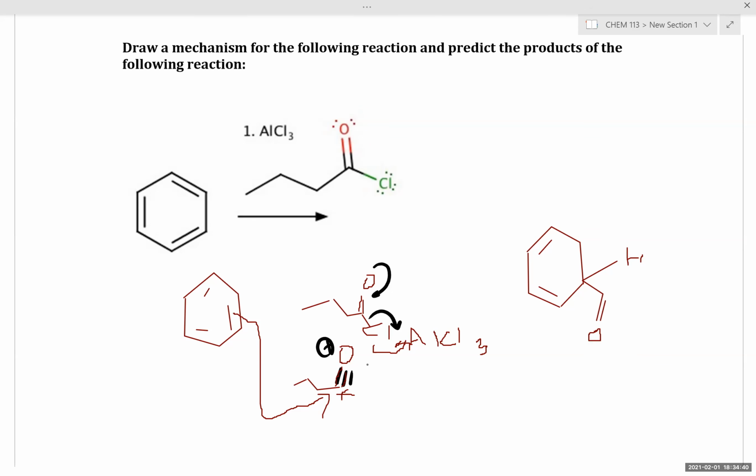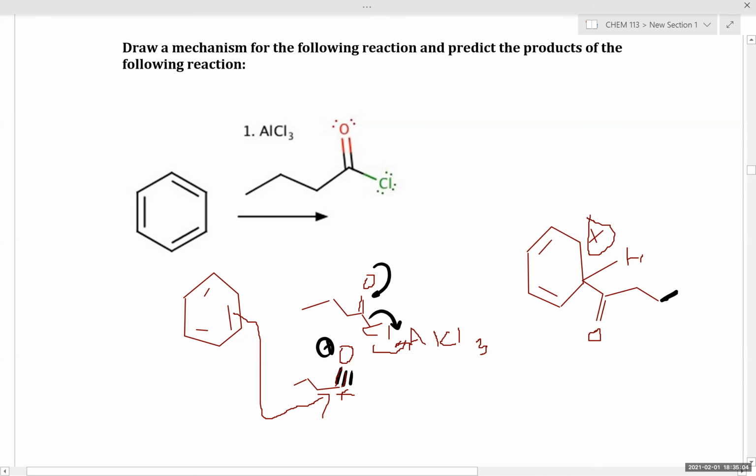So after attack onto our electrophilic acylium ion, we form our desired carbon-carbon bond. And then to regenerate our aromatic system, what happens next? And I think this is missing a carbon.